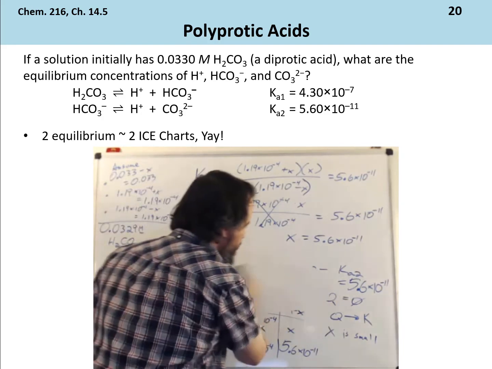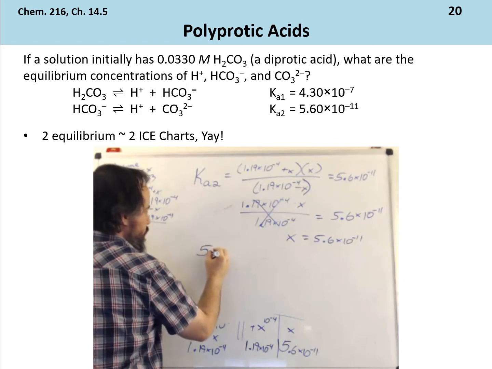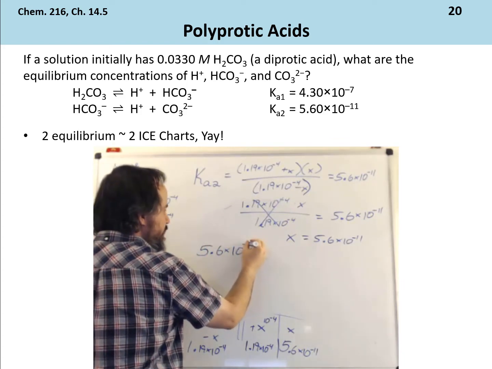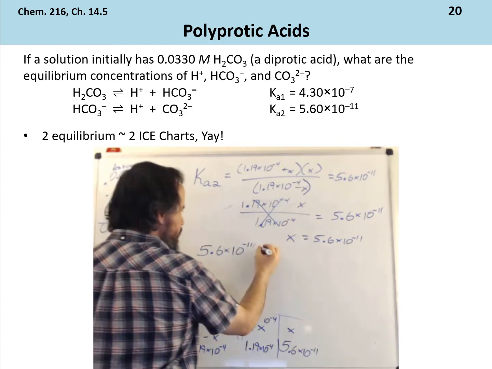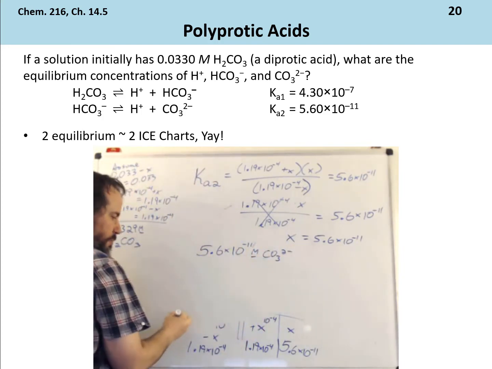what are my final answers? I get 5.6 times 10 to the minus 11 molar CO3 2 minus, very small number.